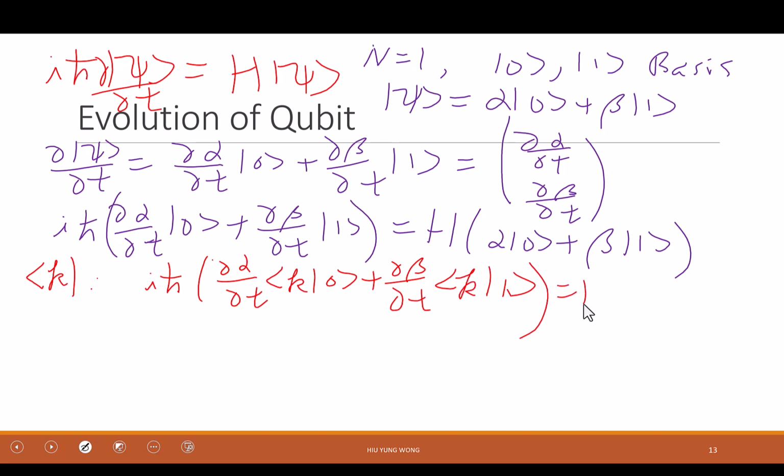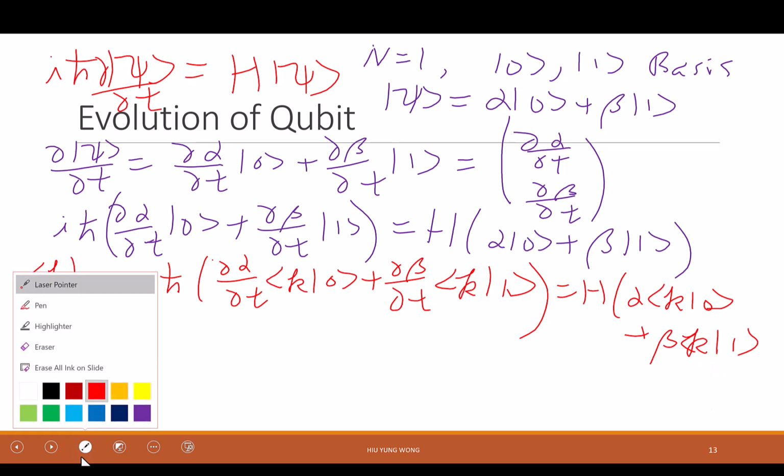On the right hand side, it becomes h alpha k 0 plus beta k 1. What I'm doing is just an inner product on both sides. When you do inner products, these are just scalars, so I can do the product directly to 0 and 1. Is that okay?